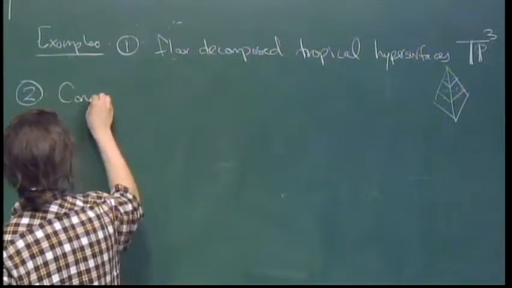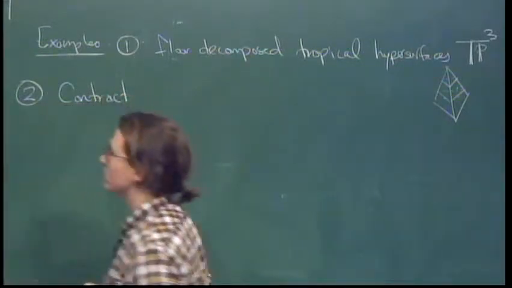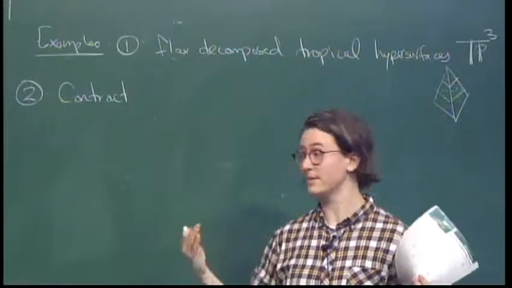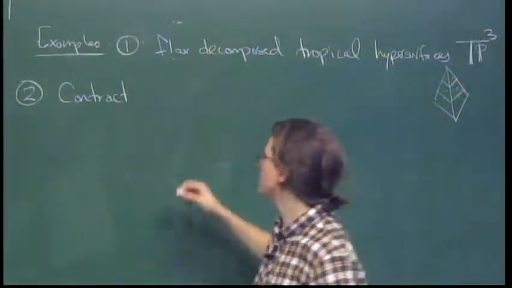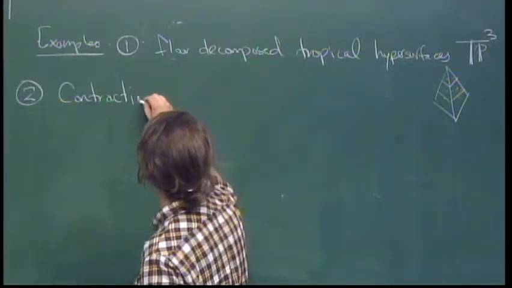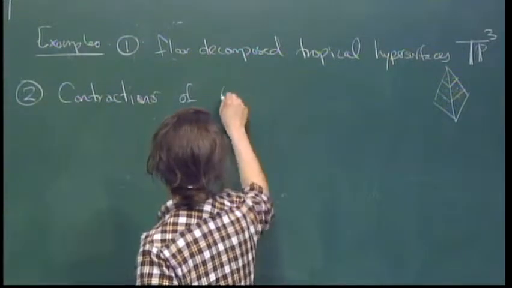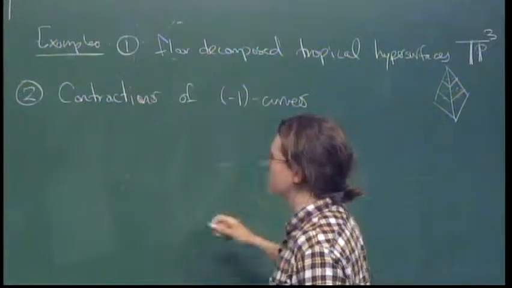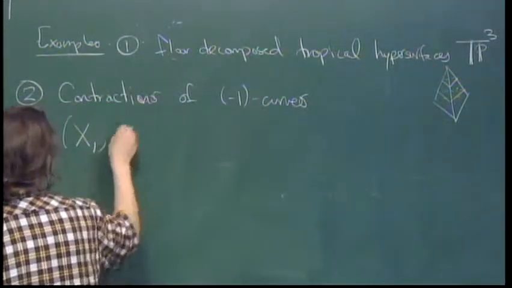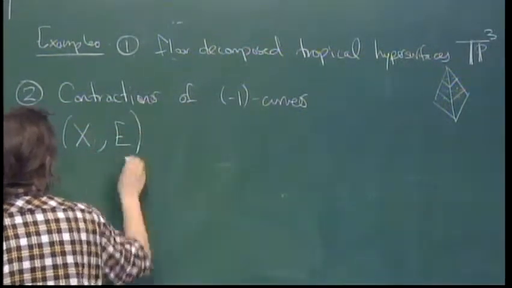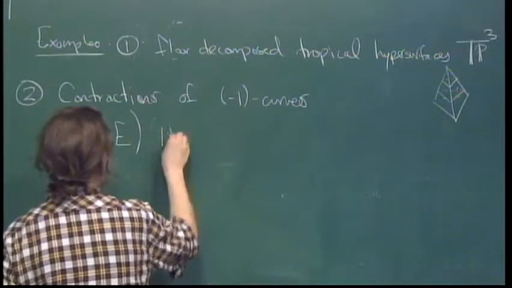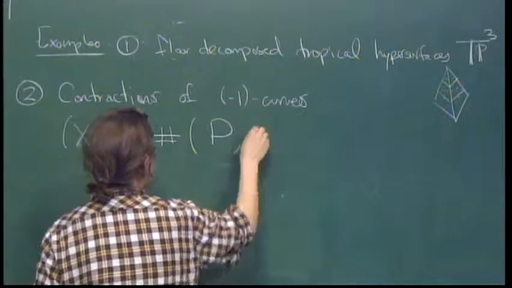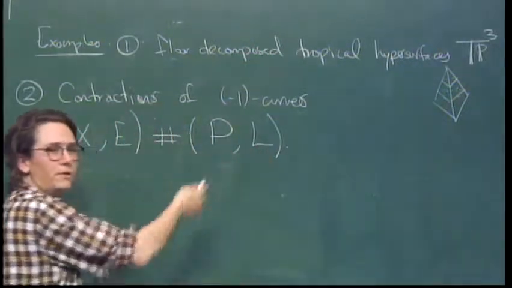We can also, following the usual symplectic construction for sums and blowdowns, form contractions of some -1 curves. Maybe you have a -1 curve E in your surface, and what you should do is sum with some plane along an L that has the same normal bundle.